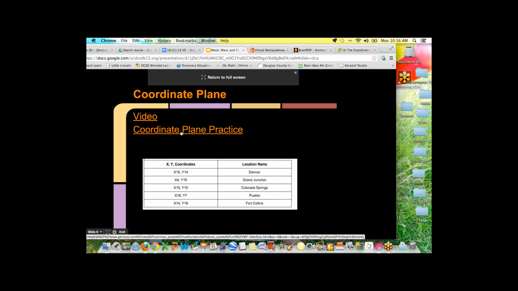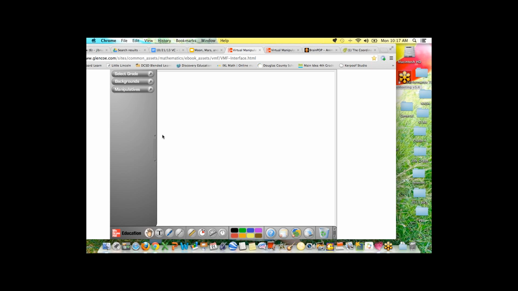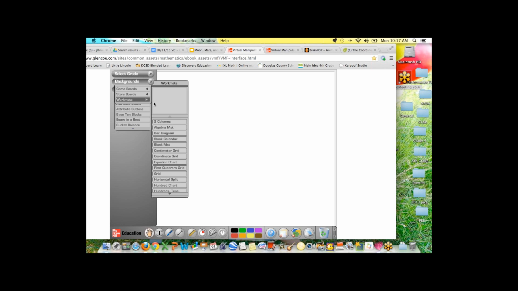If you click on that, it will take you to that website where I was pulling up the virtual manipulatives. All right, and then I could just favorite the website if I have to. That's right. And remember, I went to backgrounds, and then I went to work mats, and then I went to one of these coordinate grids. All right. Thank you.